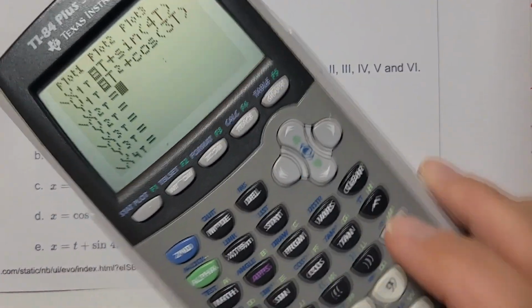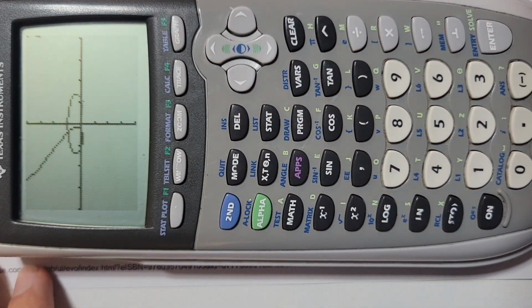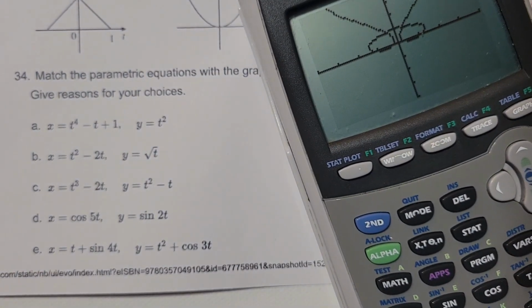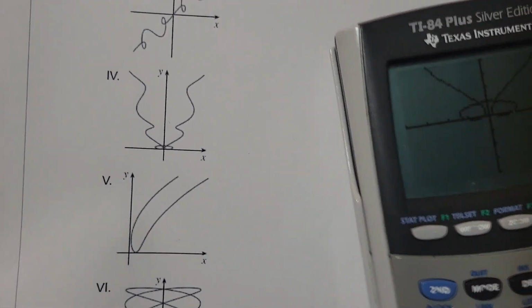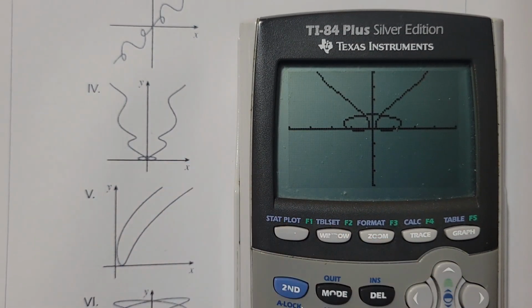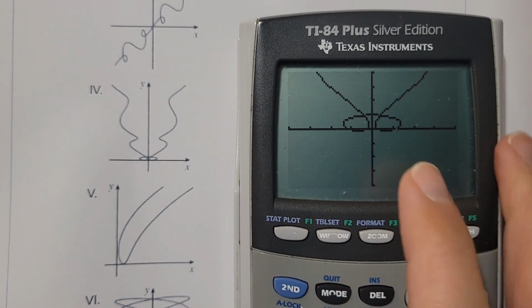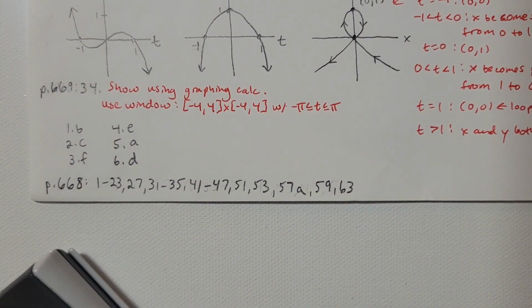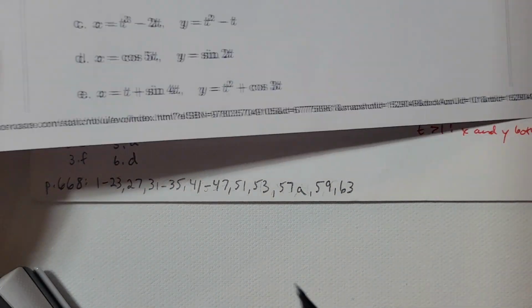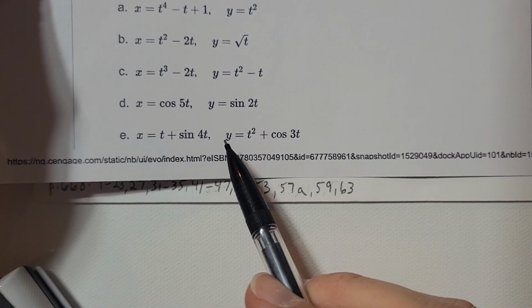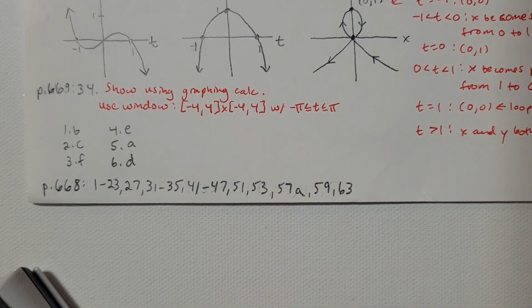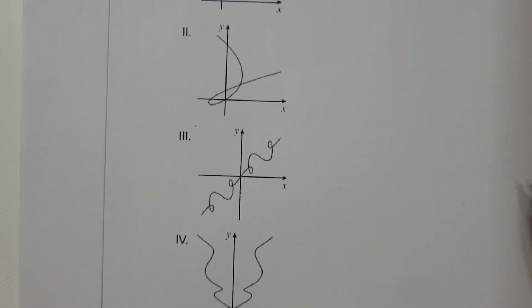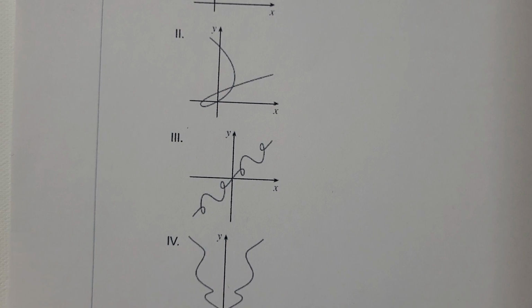Go ahead and graph that. So which one of these? I'm going to go with that one. It looks like the information there in 4. So 4 is going to go with E. Okay, and the last one then, F, is going to go with 3. Okay, and so you can plug that in there.